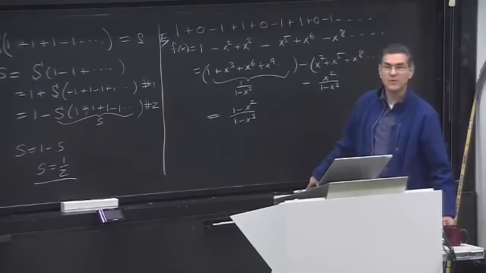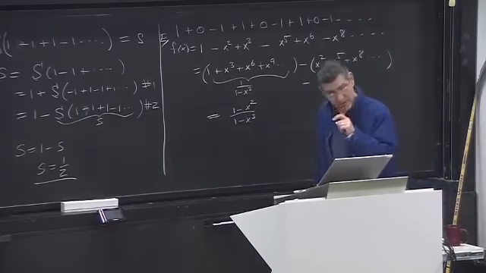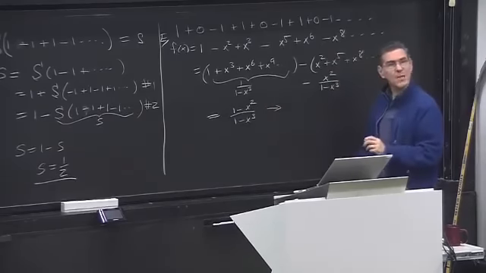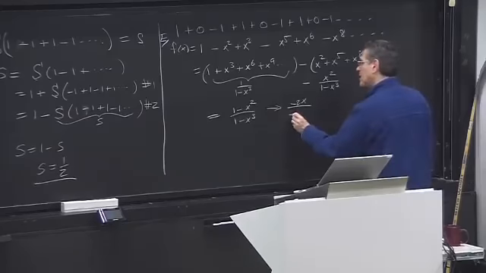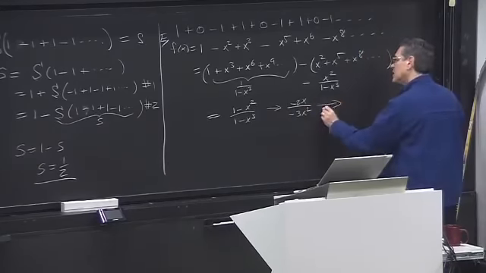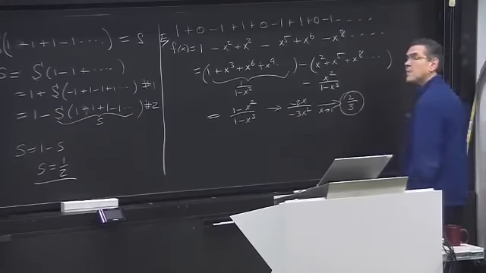So what should we do? It's ambiguous, so we take L'Hopital's rule, right? So if I take the derivative of the top, I get minus 2x, and the derivative of the bottom, I get minus 3x squared. And now I take the limit as x approaches 1, and I get 2/3.